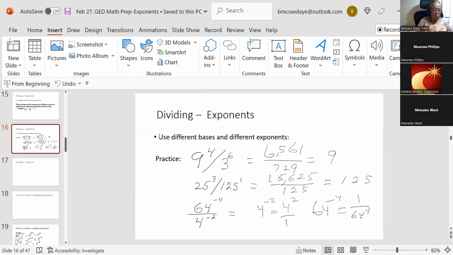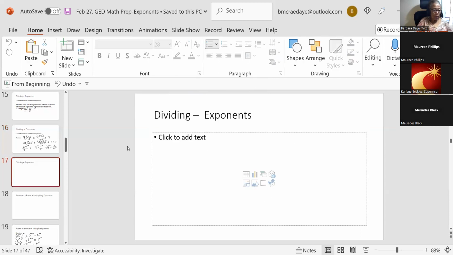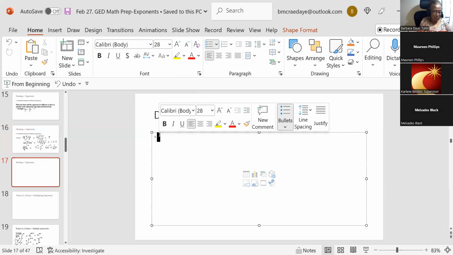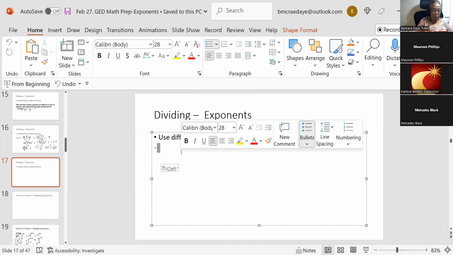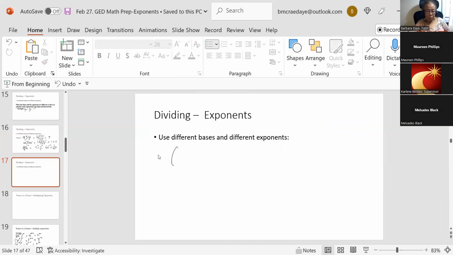Back here, using different bases and different exponents. Okay, let's just put in 64 to the minus 4.